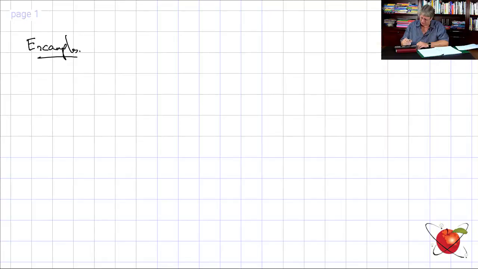Now, here is an example. We're doing a few of these examples because that's what gets us into the zone and the mindset. The question is, is this reaction spontaneous?